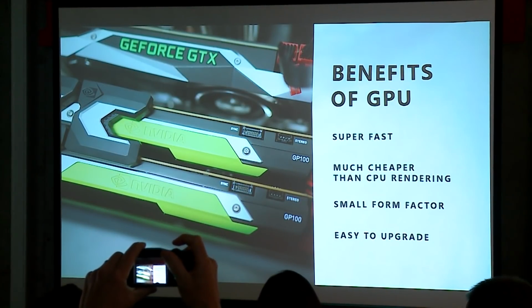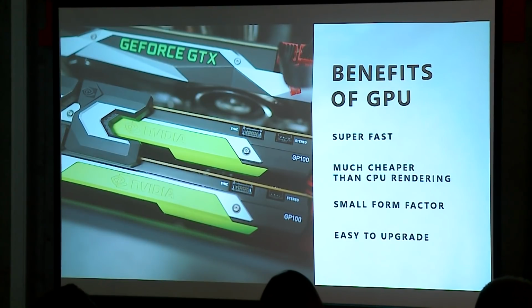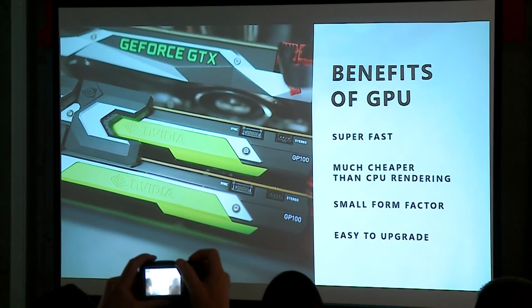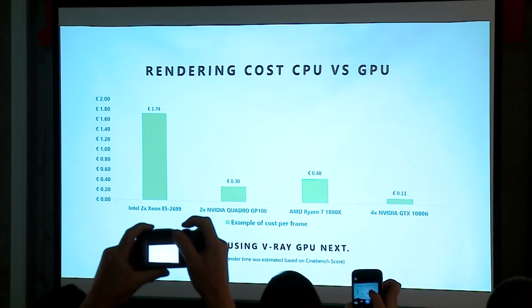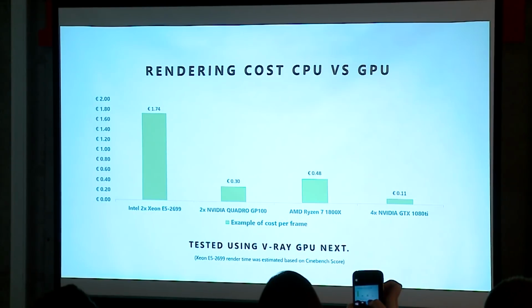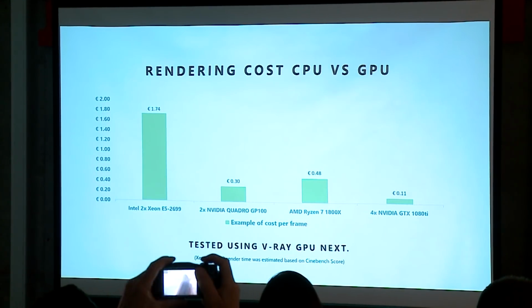The first one is probably most important for a small studio, and it's about rendering cost. I did some calculations last week to estimate how much it actually costs to render one frame with V-Ray GPU Next.